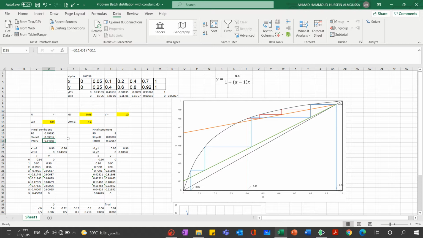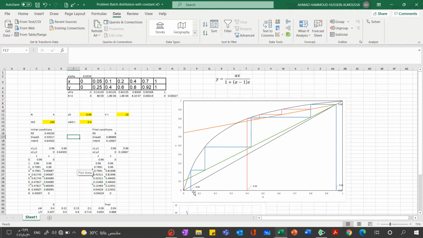Like what you see here, first of all, if you remember from the previous video, why there are 9 points here: because it is 4 stages. So 1, 2, 3, 4, 5, 6, 7, 8, 9, 9 points.